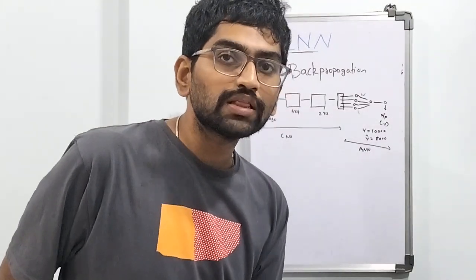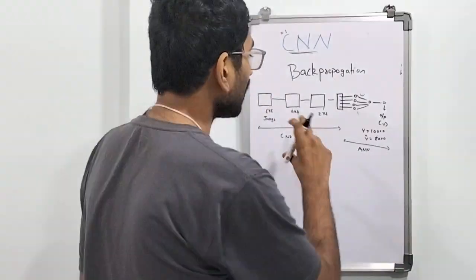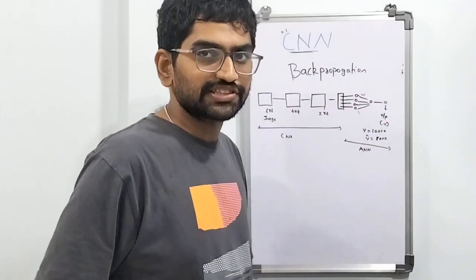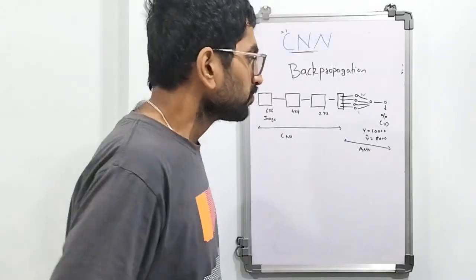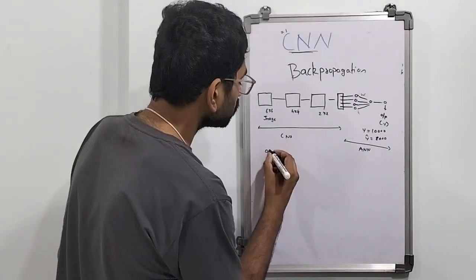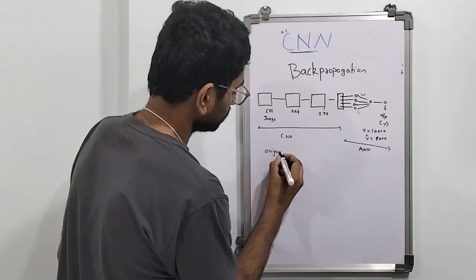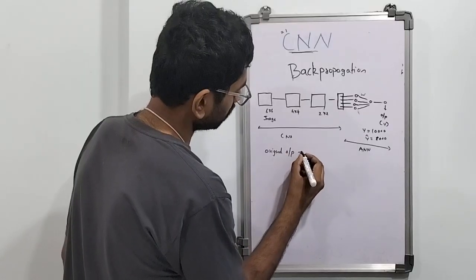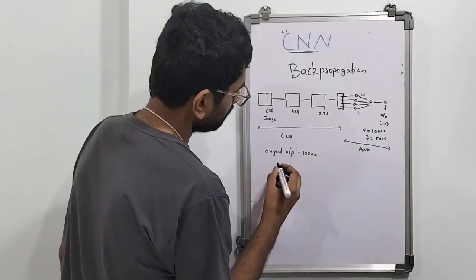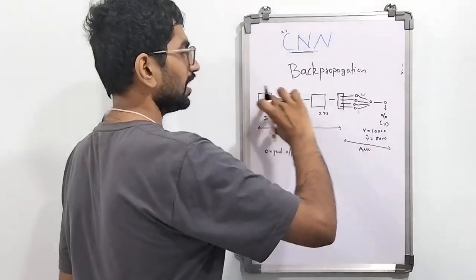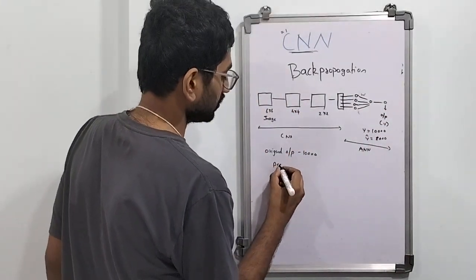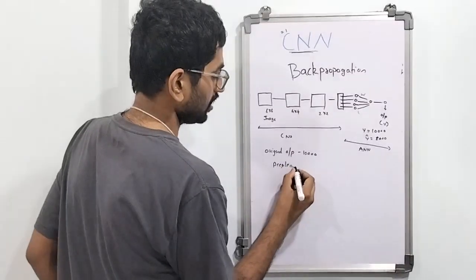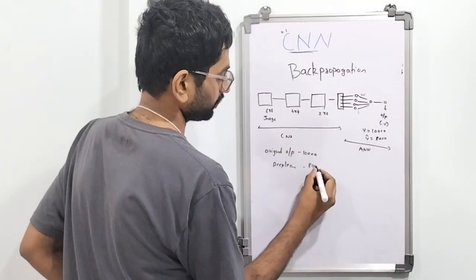But let's say after all of these processes, your original output should be 10,000, but your model, the entire deep learning, has given you the output as 8,000.